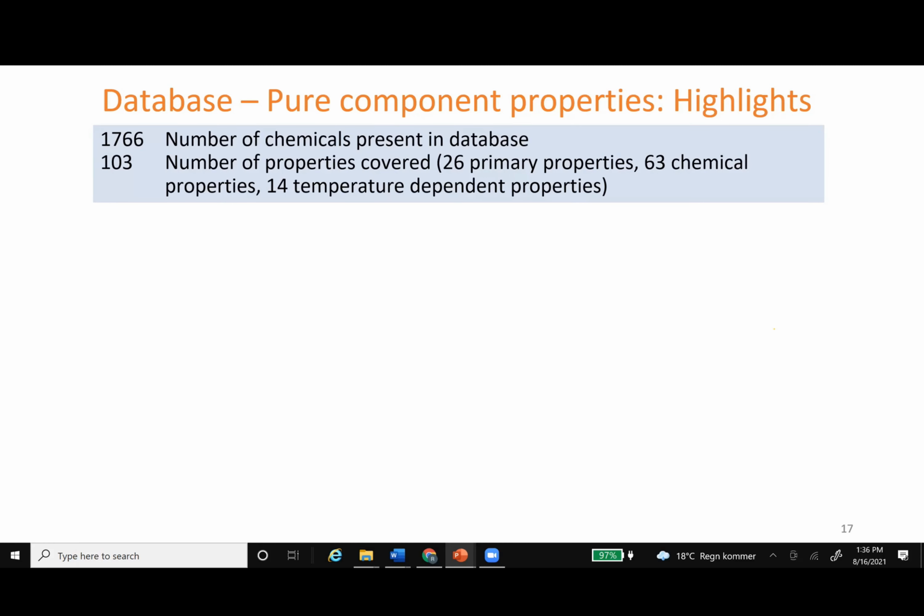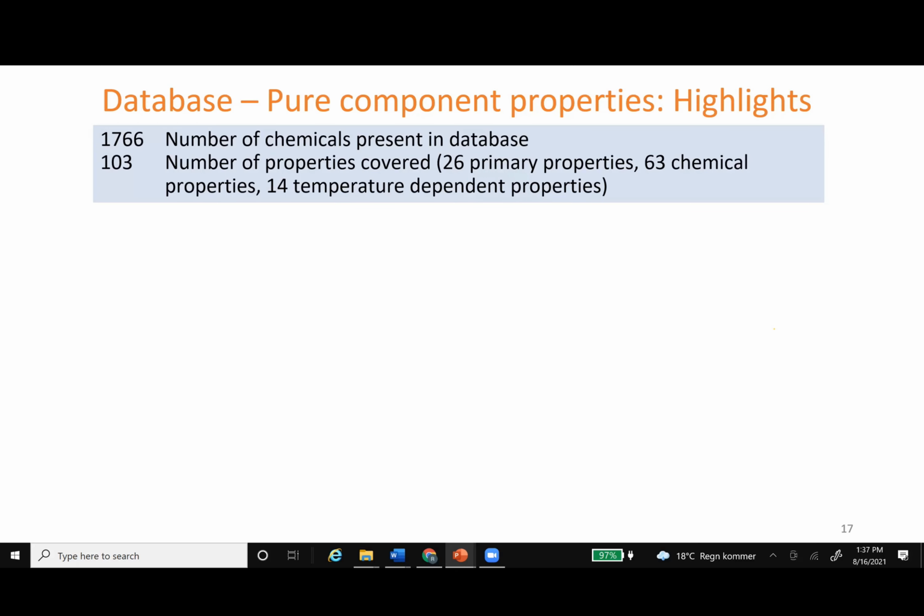And there are about 103 different properties, including 26 primary properties. Primary properties are properties that are dependent only on the molecular structure, and 63 other properties, mixture properties, environmental properties, things like that. And then there are temperature dependent properties like enthalpy, entropy, and so on.